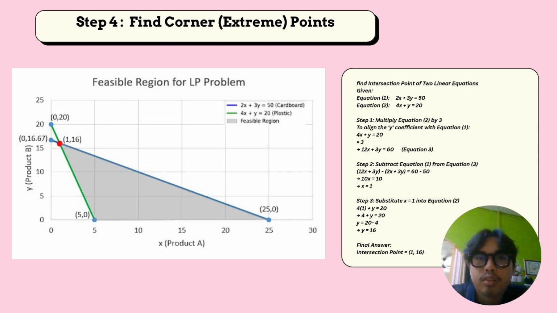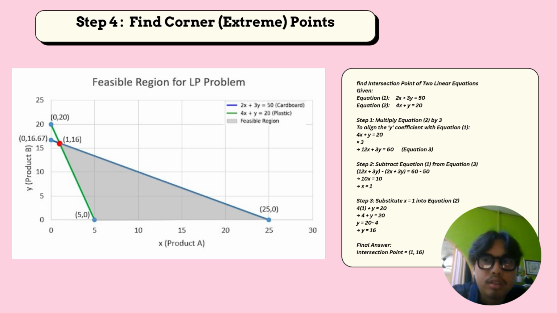Step 4, find the corner extreme points. For this step in linear programming, the best solution, whether you want to maximize or minimize, always lies on the corner points of the feasible region. Now, we look at the graph, where there is a shaded gray area in our feasible region where all the constraints are satisfied.